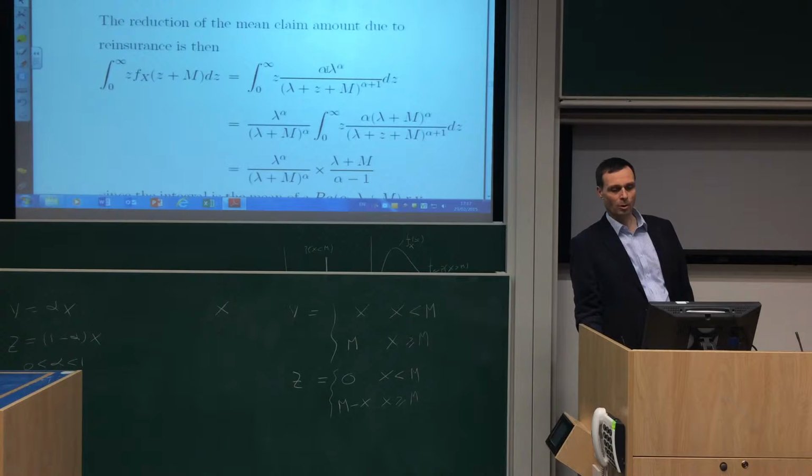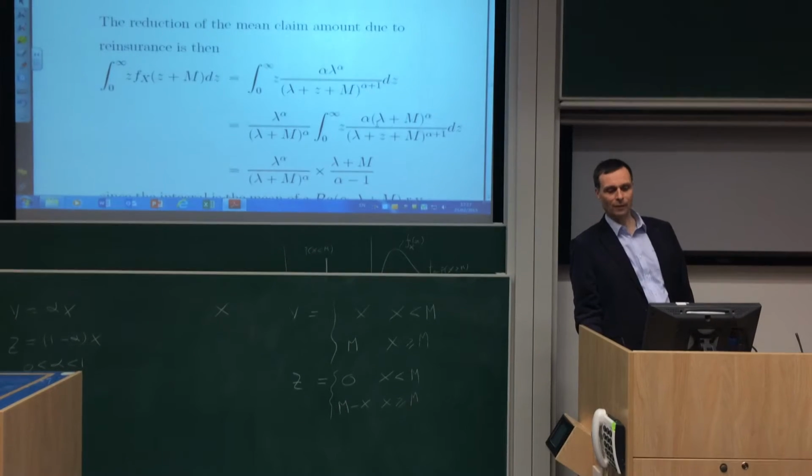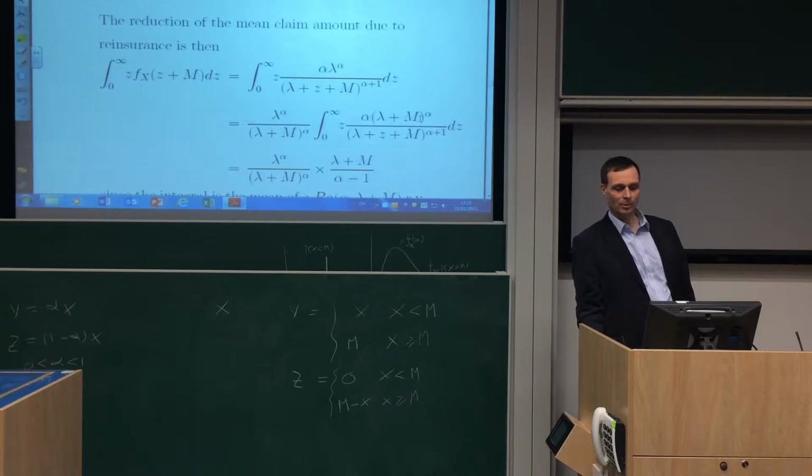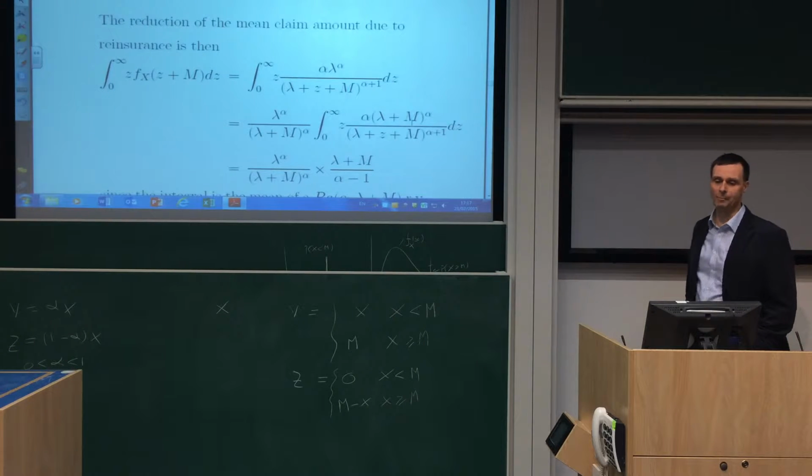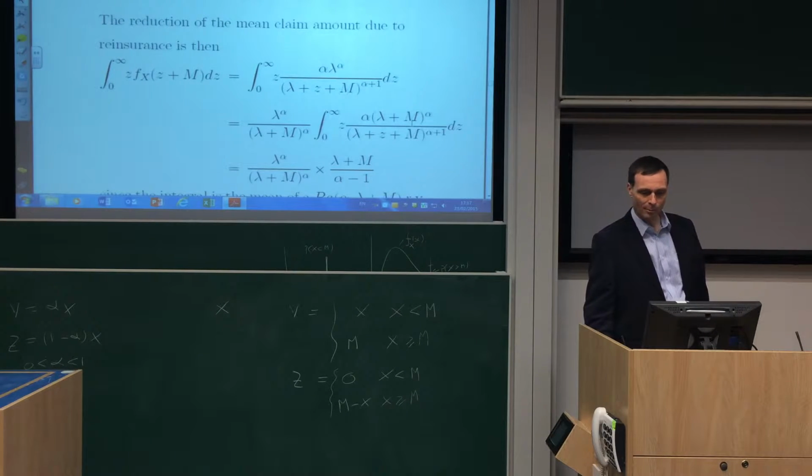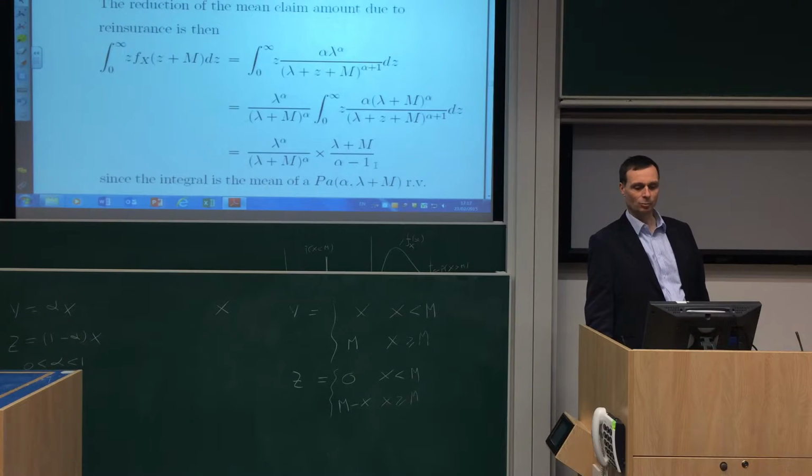So what don't I want? Well, I've got a lambda to the alpha I have to take outside, because that's not part of the PDF, and I've added in a lambda plus M to the alpha, so I need to take that outside. And so then I can see that this is the PDF of a Pareto with parameters alpha and lambda plus M. What is the expectation of that Pareto? Well, it's the first parameter, lambda plus M, divided by alpha minus 1.